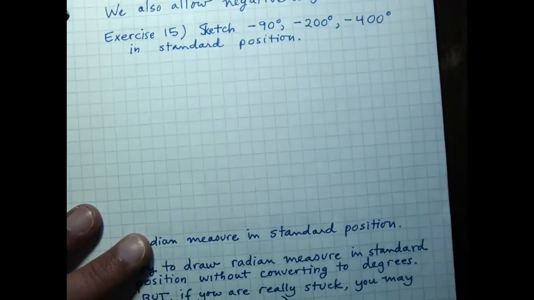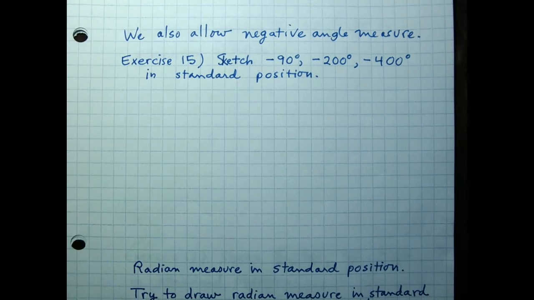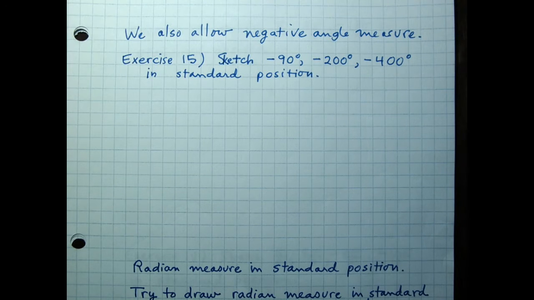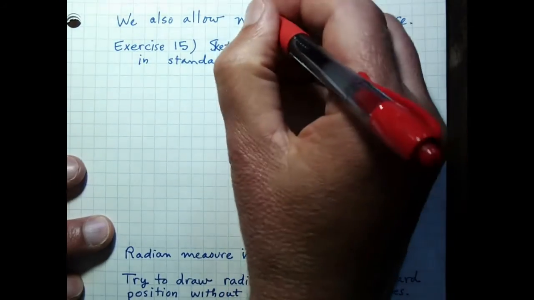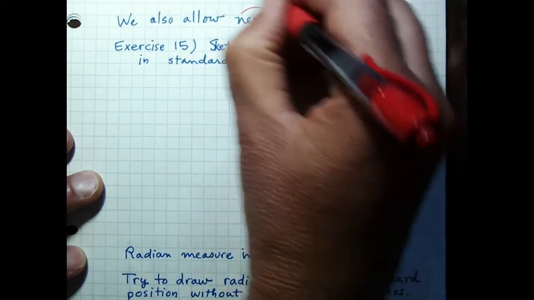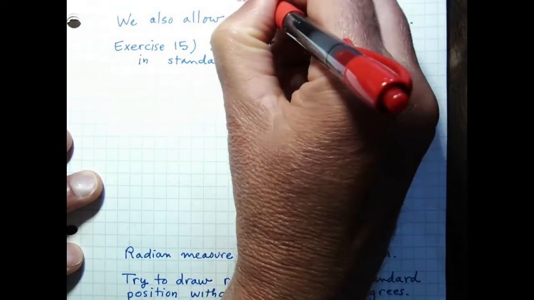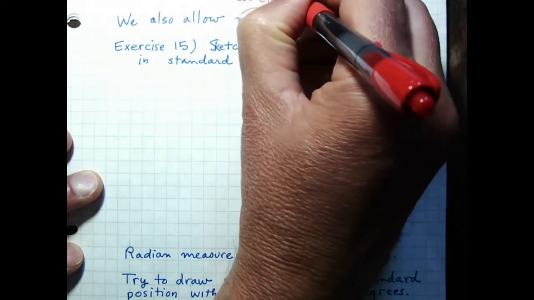Okay, our next step is we now allow negative angle measure. For negative angle measure, what you have to know to do is you use clockwise rotation.